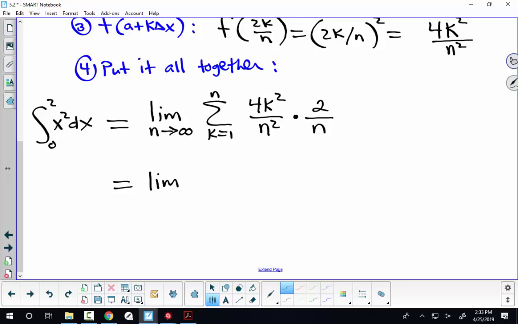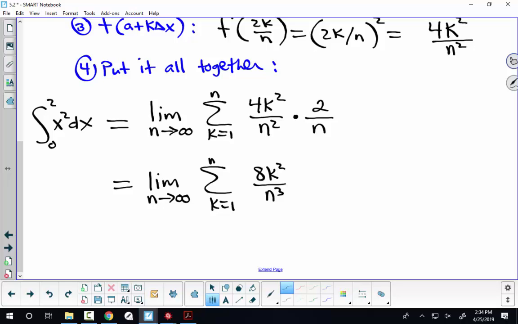So I'm just going to simplify our expression first. We have the limit still of the sum. We've got 8k squared over n cubed. And so from this point, since I've simplified that expression, anything that involves a k, I'm leaving in front of the sum.